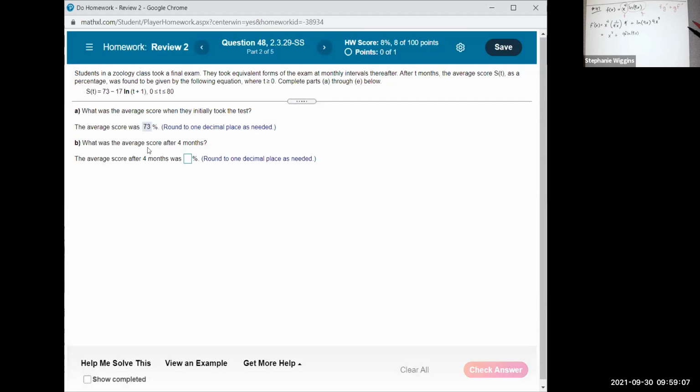Part B, what was the average score after 4 months? Okay, so now T is in months. So we're just going to say T equals 4. They say round to 1 decimal place. So we're going to use our calculator. We're going to plug in 4. So we're going to get 73 minus 17 times the natural log of 5, because we're taking 4 plus 1. So let me go to my calculator.